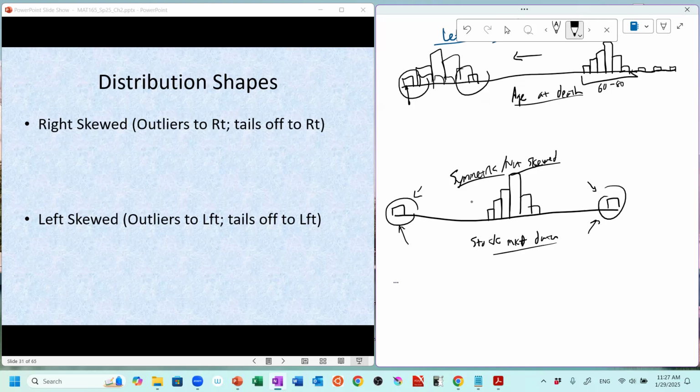There are some days that the stock market just does really good and some days that it's very crashy. Most of the time it does kind of about average, but these outliers are kind of on both sides of the fence here.